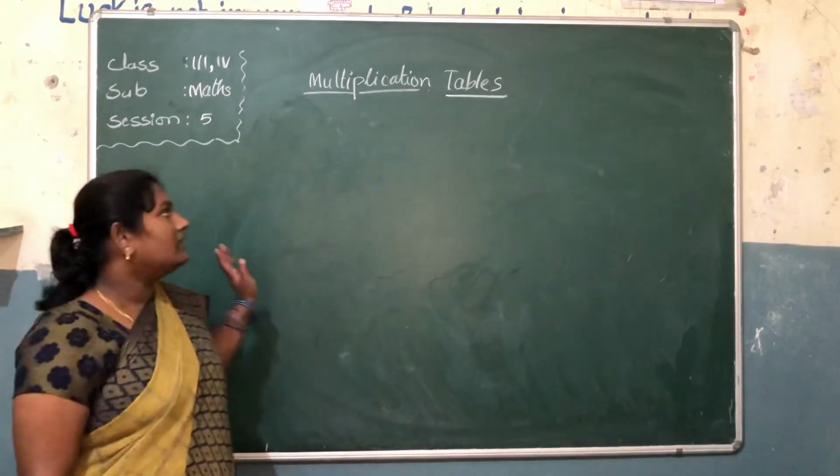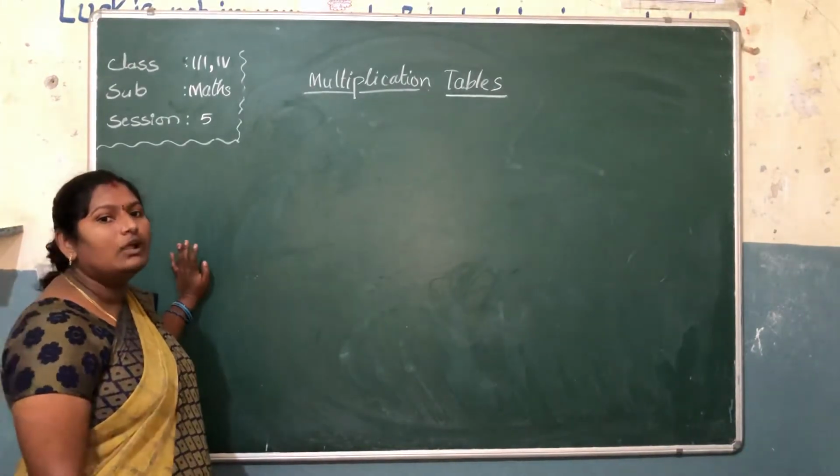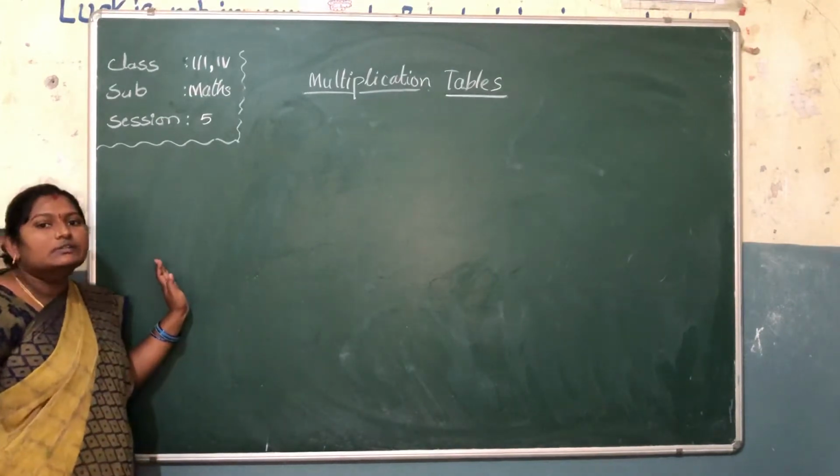Already you know the 2 table, but I have to write on the board the 2 to 9 tables. Okay?